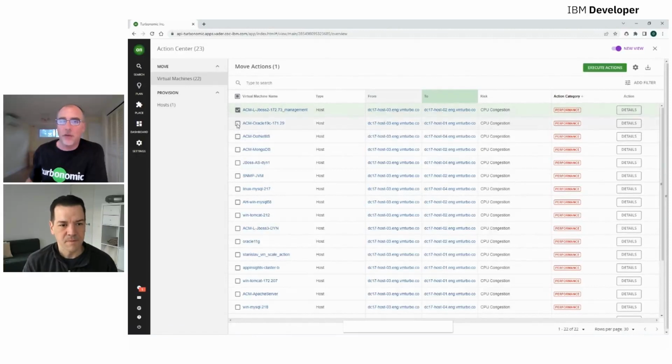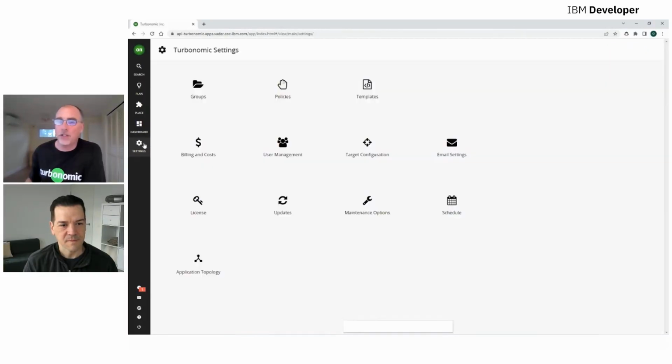And moving workloads, when Rob talked about the first use cases we tackled this one because all I have to do right here is click the execute button. That's it. All I have to do is create an automation policy that observes all of my license constraints, and we're off to the races.